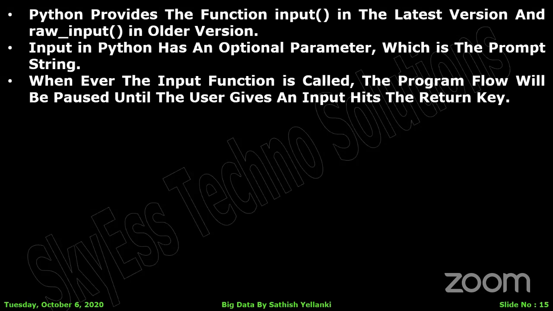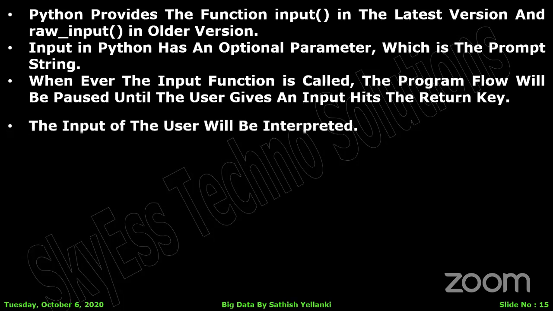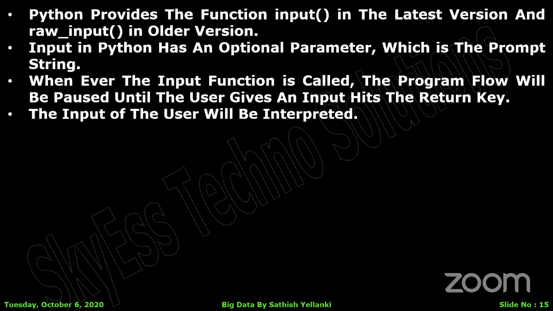Am I clear? The input of the user will always be interpreted; it is parsing that piece of input, then interpreting it. Any kind of input is a value, so it should be recognized as some data type. The default that Python considers is a string.